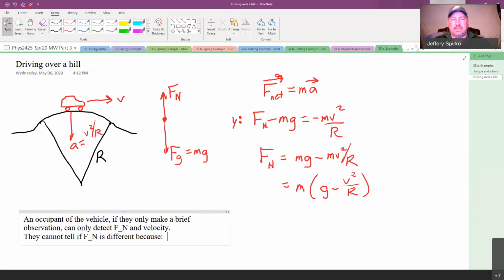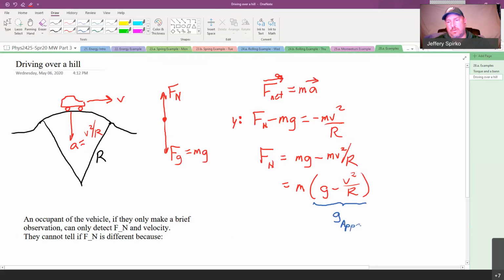But the person in the vehicle can't tell if it's different because the acceleration due to gravity, g, changed, or there's acceleration.